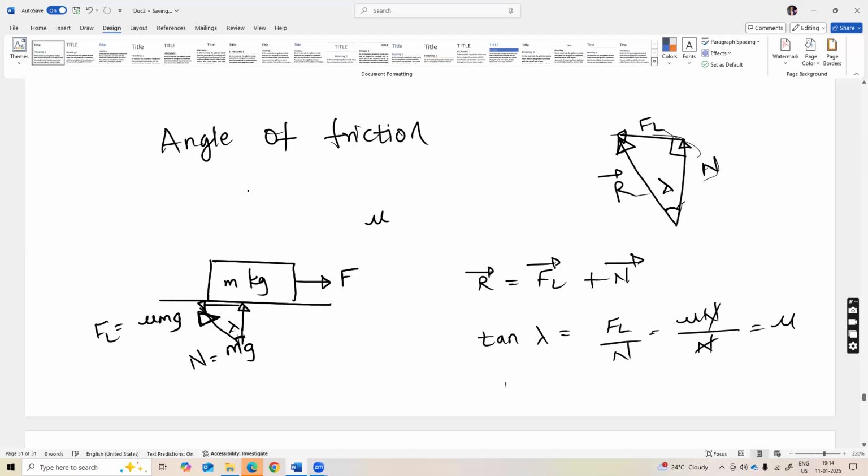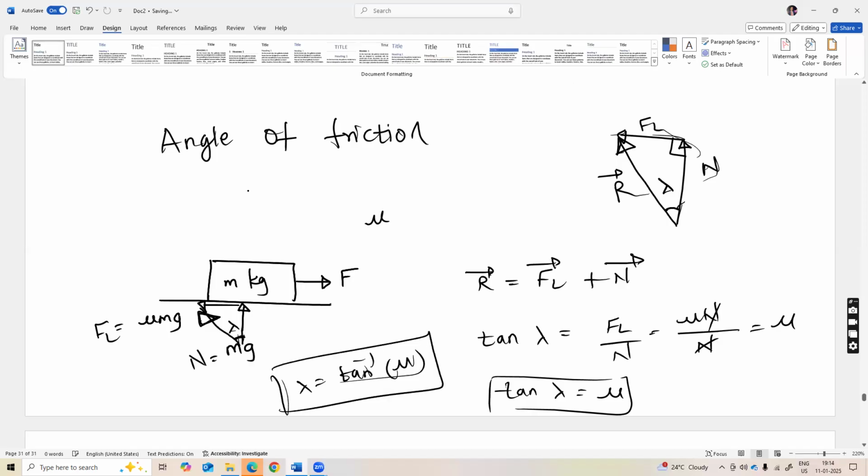So tan of angle of friction lambda is basically mu. Or you can say angle of friction lambda is tan inverse of mu. Okay.